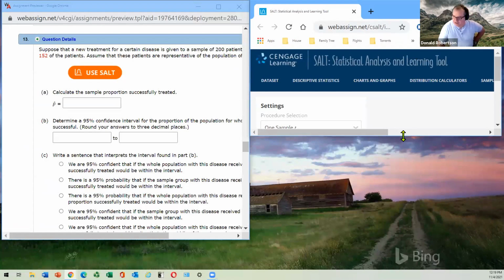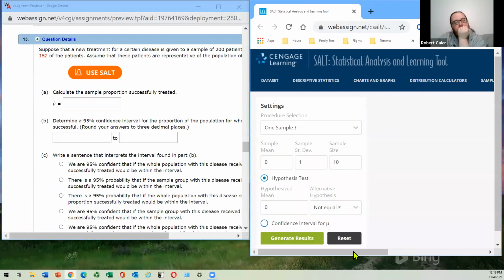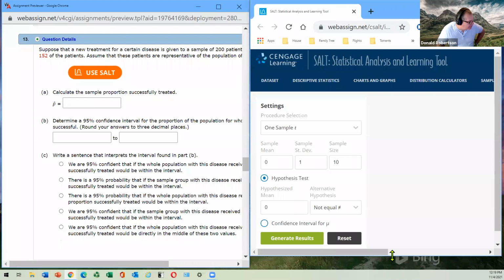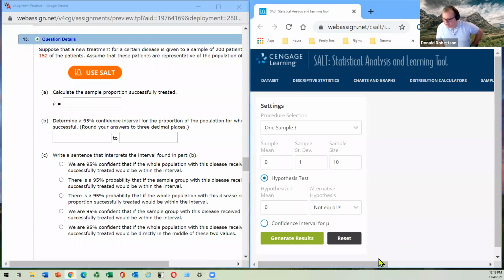Can you see both these screens at the same time? Yes. Whoa, we are on a roll here. Cool. Now, the only problem is that the writing's probably going to be really tiny unless you've got a really big screen. So you might want to just trust me when I say things, right?